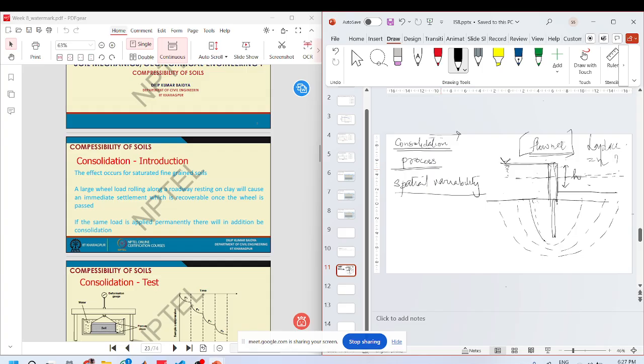So these will be the streamlines, isn't it? And then you also have the equipotential lines. This is the solution of the, like, we solve this using the Laplace equation, but this comes as a result of us taking into consideration the x and the y, like the spatial variability in the soil.